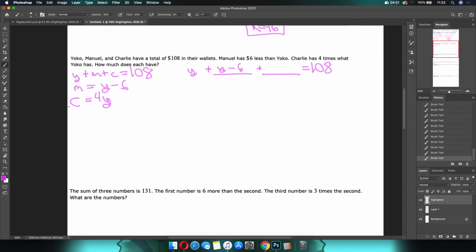What is Charlie? 4y. And now we can plug in 4, 5, 6. 6y minus 6 equals 108. Plus 6, plus 6, 6y equals 114, I think. Divide by 6, divide by 6, y equals 19.